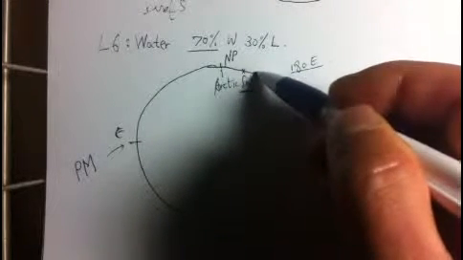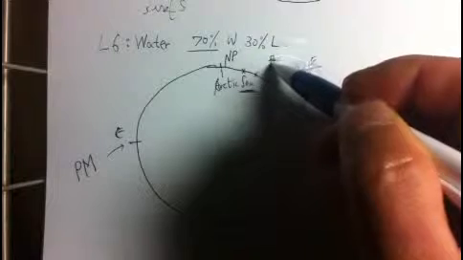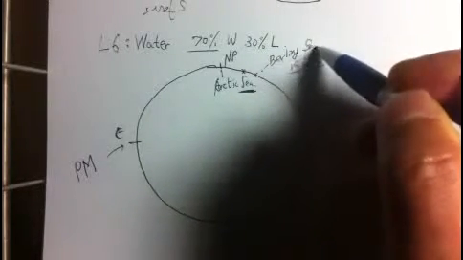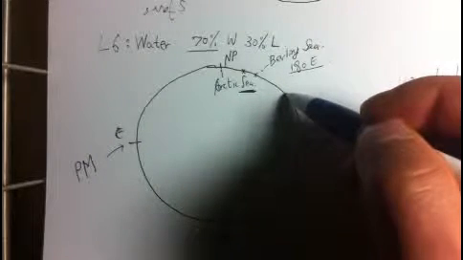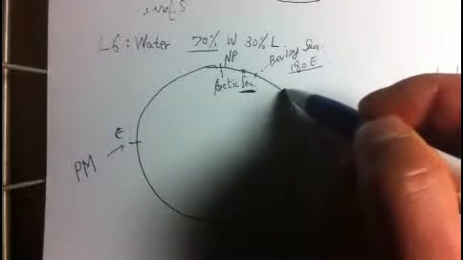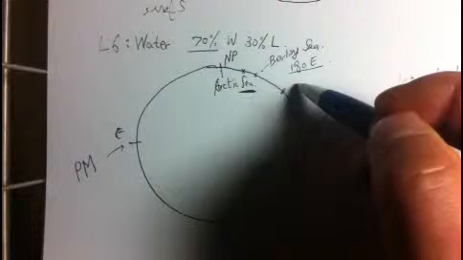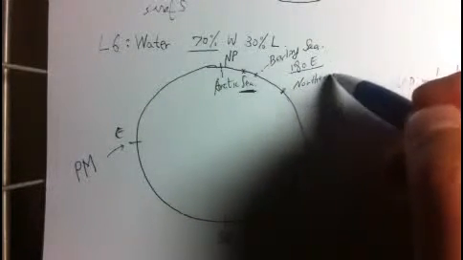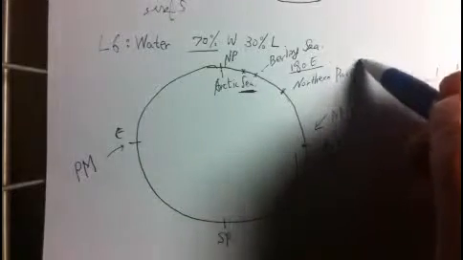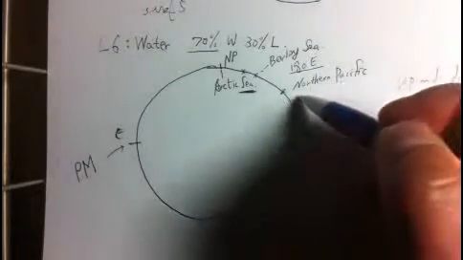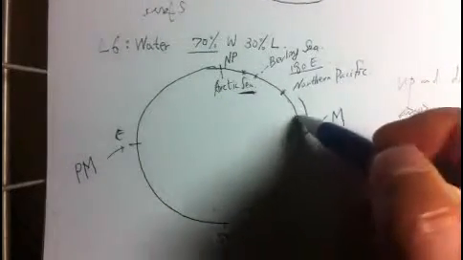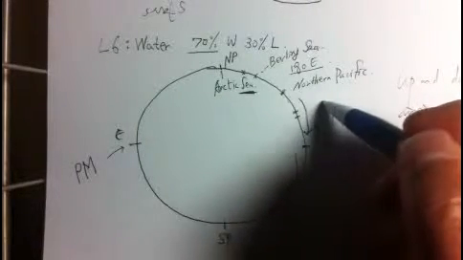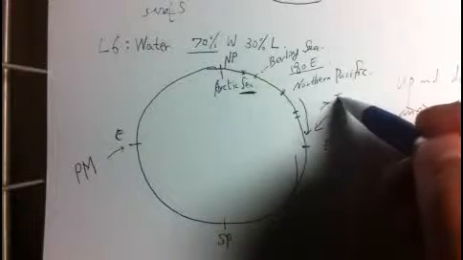This area, maybe, is the Bering Sea. This area is the northern Pacific. All the Pacific, and this area is a very important part, the Tropic of Cancer.